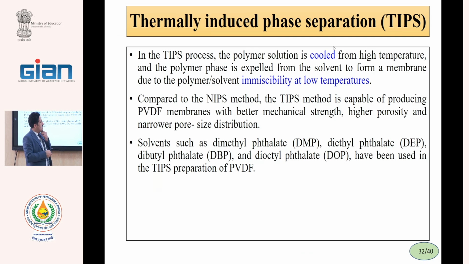Therefore, at low temperature, we have immiscibility. We can use PVDF and polyethersulfone for this purpose, but the solvent used is different. In NIPS, we use DMAC, NMP, DMF, DMSO, but in the TIPS method, the solvents are changed.